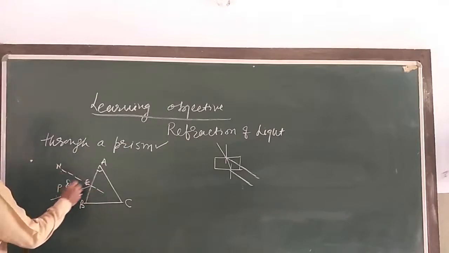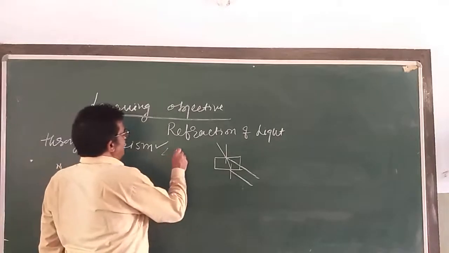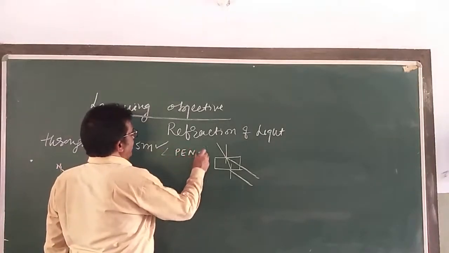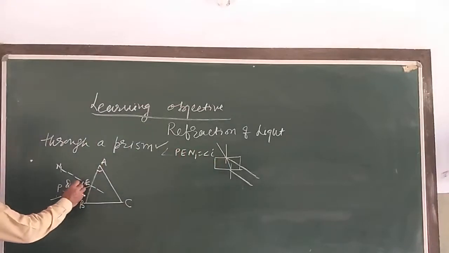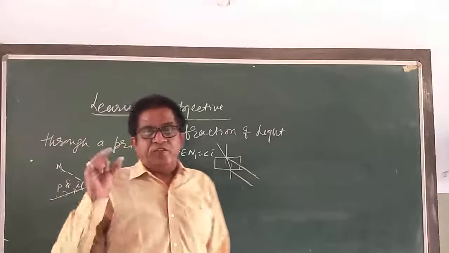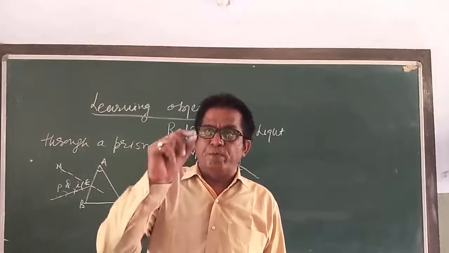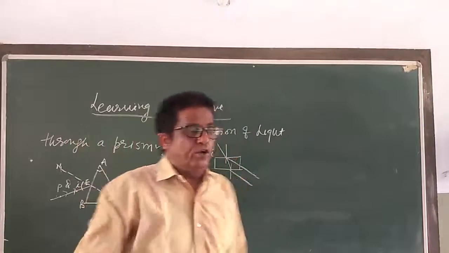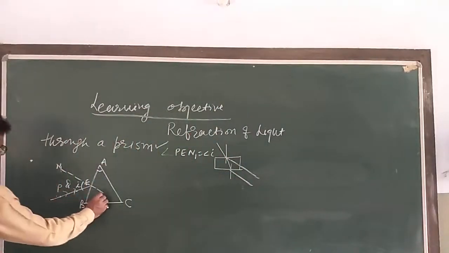Angle PEN1 is called the angle of incidence. Remember that the angle of incidence, or any angle, should be measured from the normal only. N1 is the normal here.